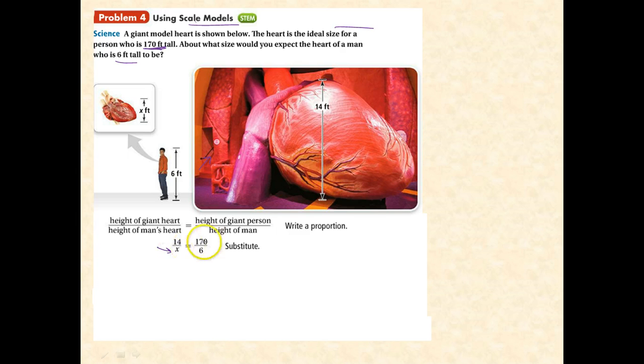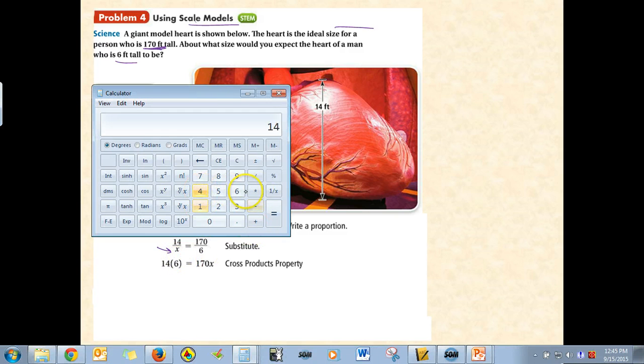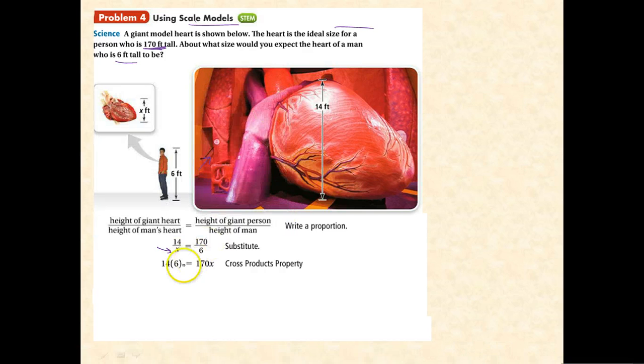Now we can do cross products. x times 170 is 170x. 14 times 6 is, well, they skipped a step there, didn't they? What's 14 times 6? 14 times 6 is 84. So 84 equals 170x. Then we're going to divide both sides by 170.